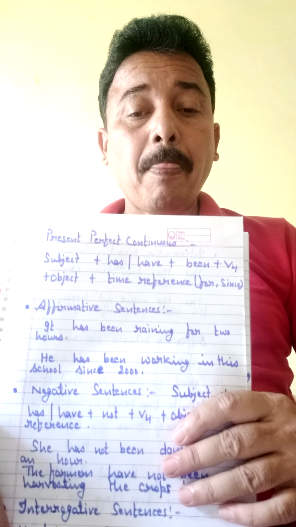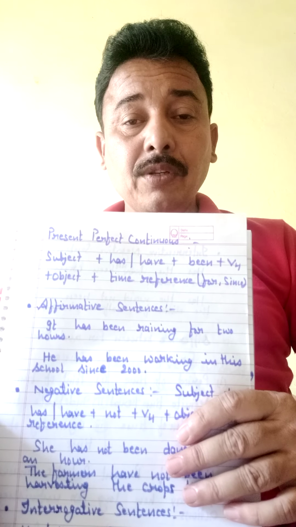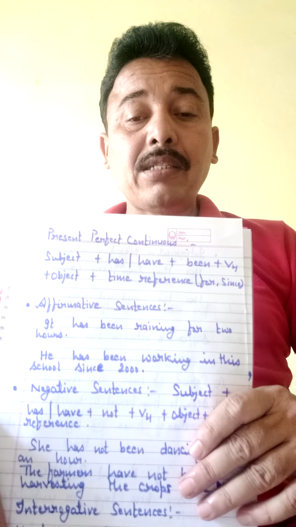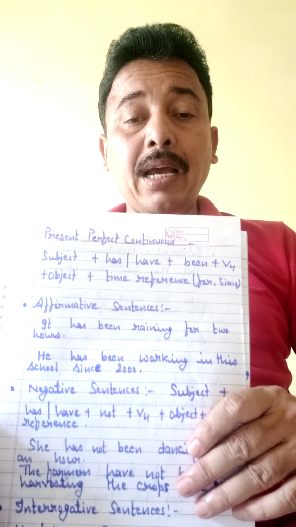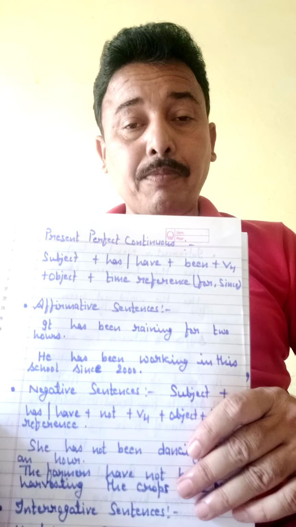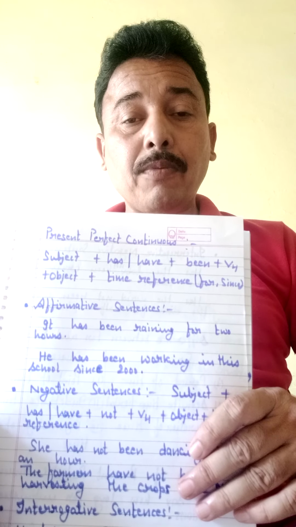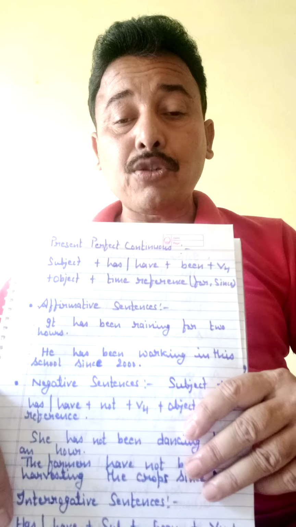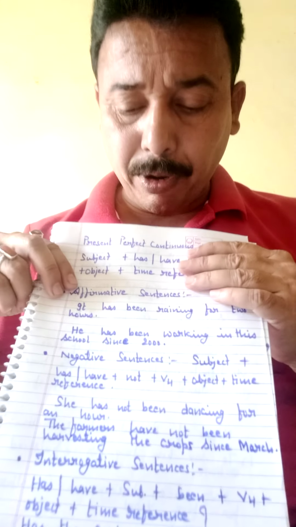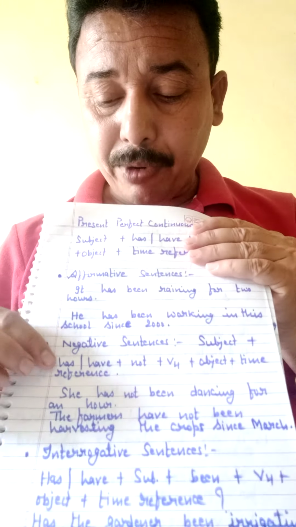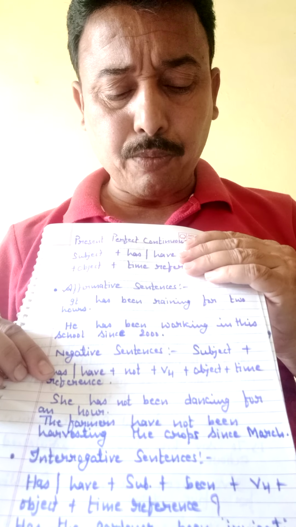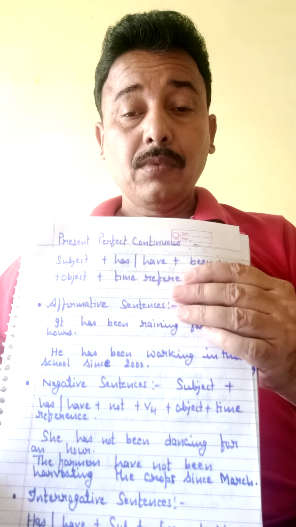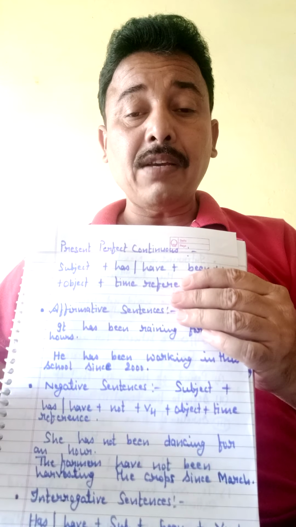Next part, negative sentence, where we are using not. Here the format is subject plus has or have plus not plus been plus fourth form of verb plus object plus time reference. So if we are talking about an example, she has not been dancing for an hour.